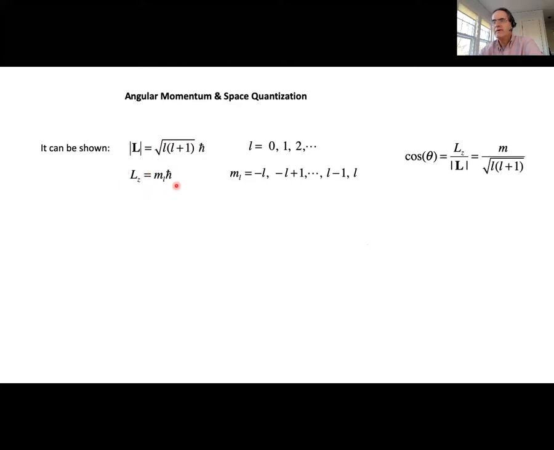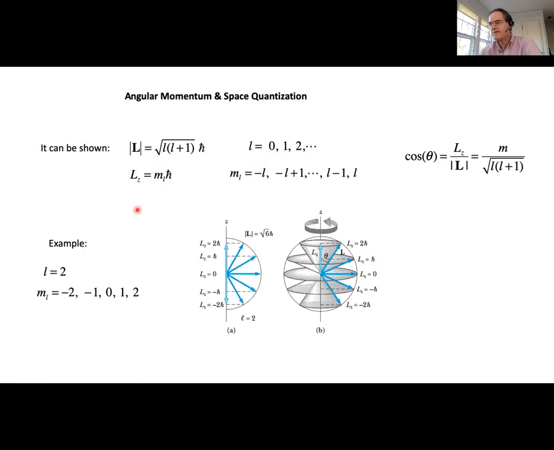And the z component of the angular momentum is separately quantized here with the quantum number m. L can take on integer values, and m takes on positive or negative integer values, but the magnitude of m must be less than or equal to L. Okay? And these are the z component and the magnitude of the angular momentum. There are a couple of things about this that are interesting.